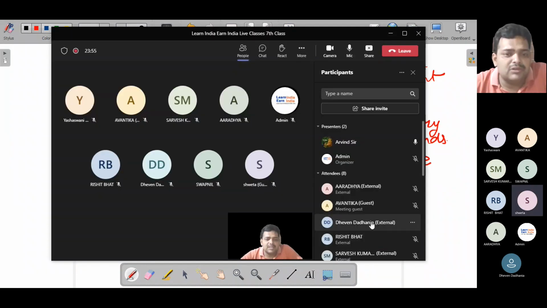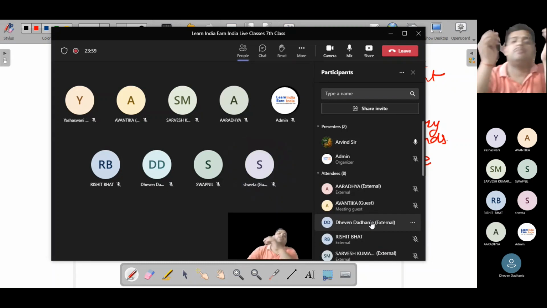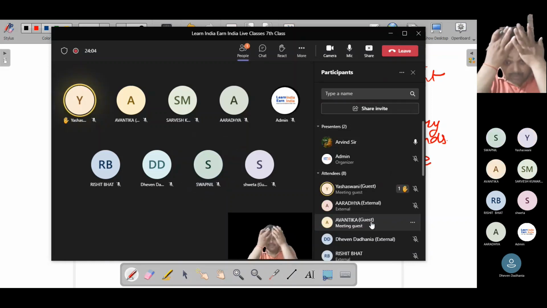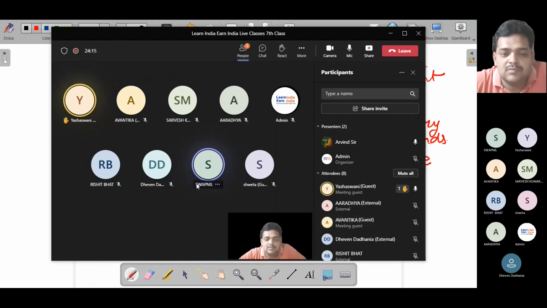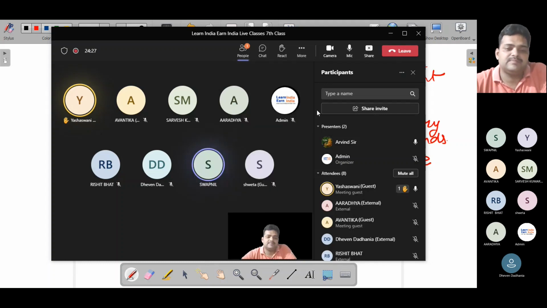Swapnil, can you name some of the carbohydrates? Yes, sir. Rice. Yes, they are sources of carbohydrates. I'm asking for types of carbohydrate, or names of some carbohydrates.